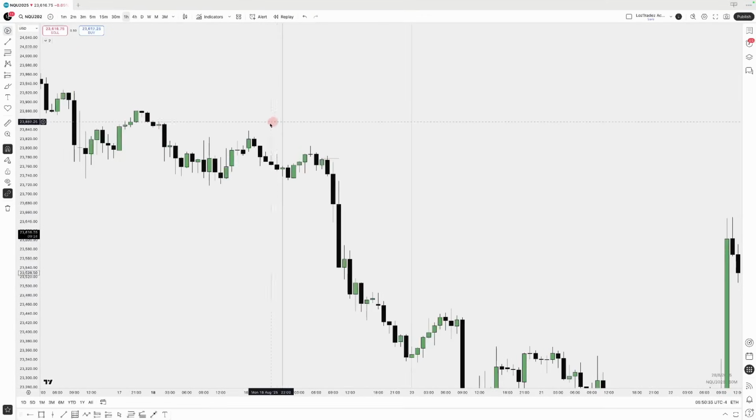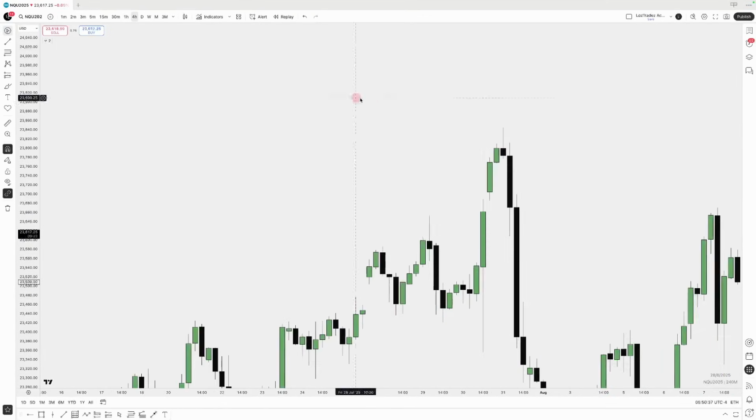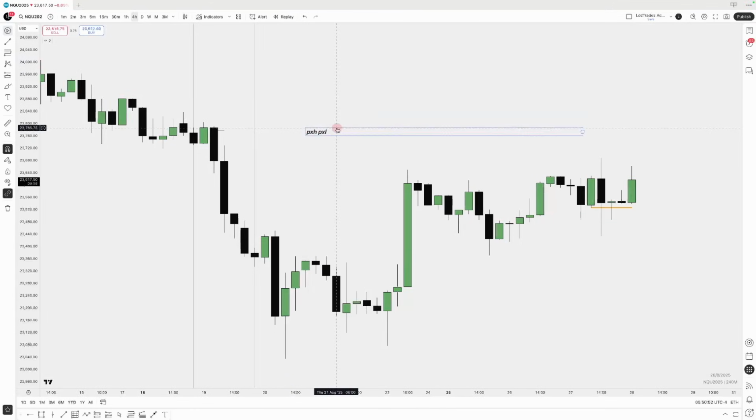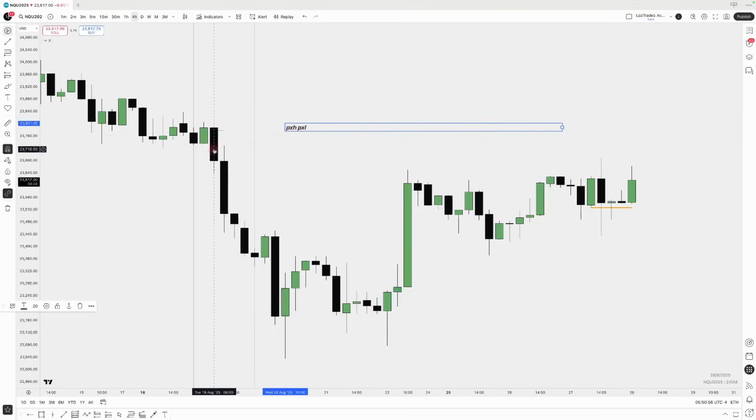And this is exactly what we look for every single time. You can even go on a 4-hour and it's just straight expansion after running this high out. So you're always looking for, what is it again? Let's recap. Prior XH or prior X low. The X is there because it depends what candle's expansion you're trading.